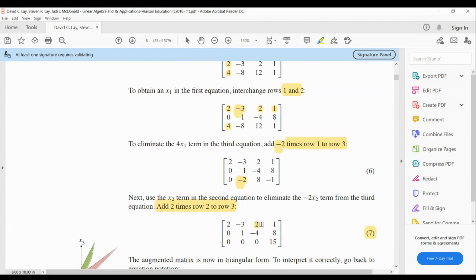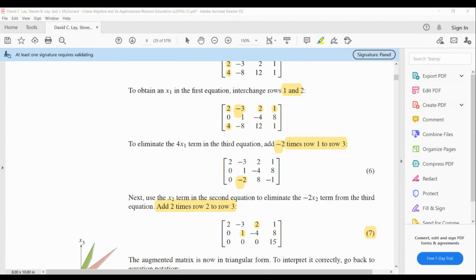We could get a 0 in that spot, right? We could do that, but is it worth doing? And the answer is no.